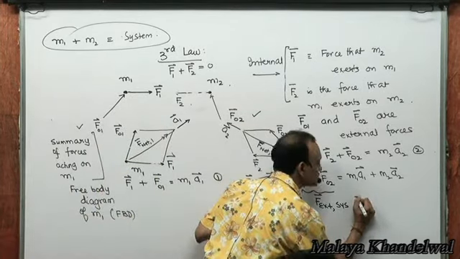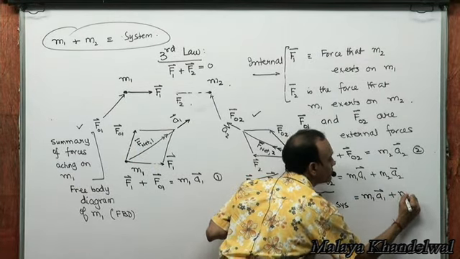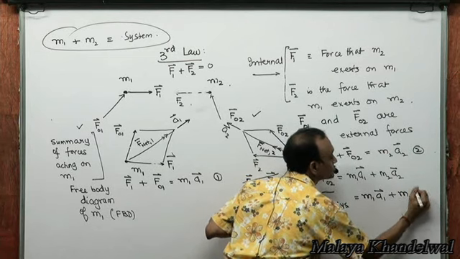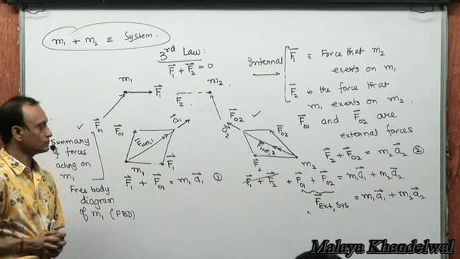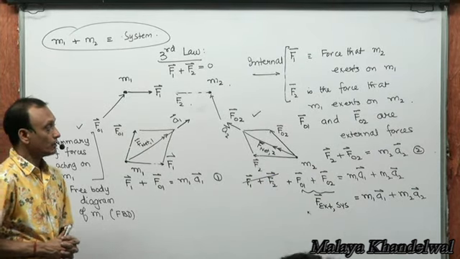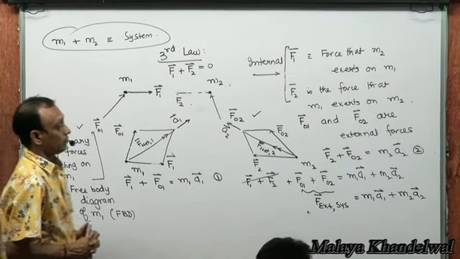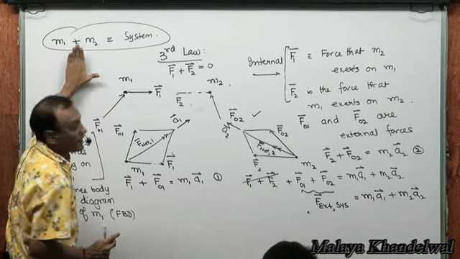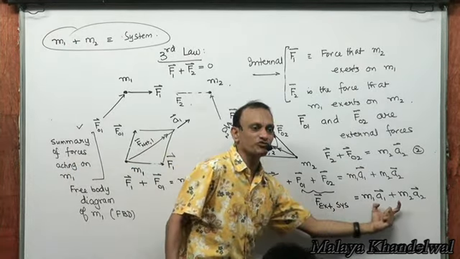And what does it do to the system? It gives M1 an acceleration A1 and it gives M2 an acceleration A2. That means if I look at M1 plus M2 as one single system, this is my equation of motion for the system.